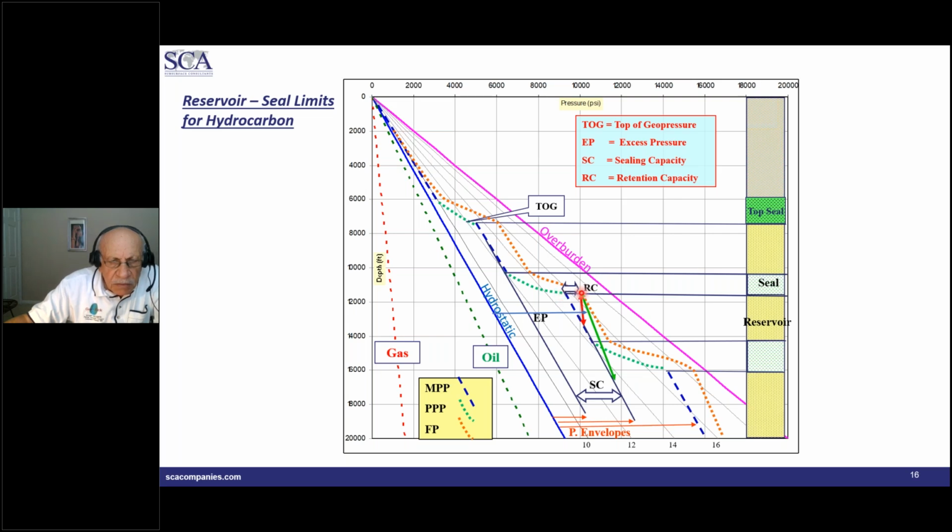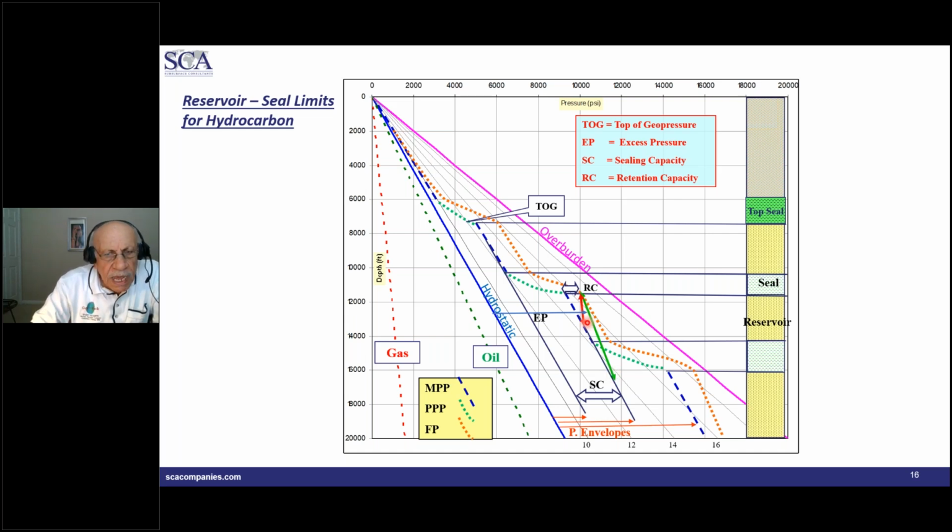Here is my frac pressure. If I extrapolate that gas trend down to here, this is the only column of gas I can trap. On the other hand, because the oil has a lower slope, it's not as steep as the gas, I can have more oil in the same trap than gas.